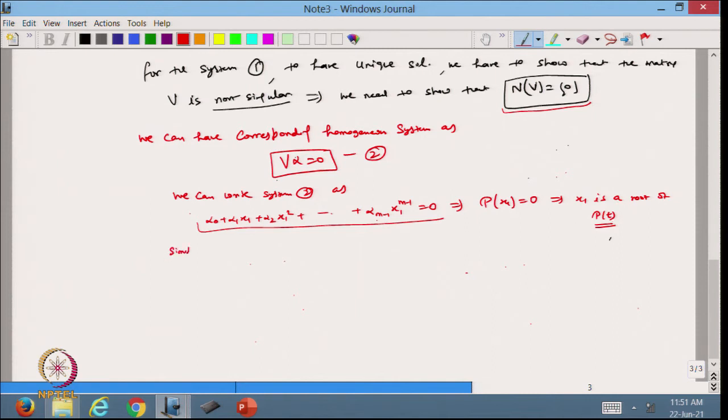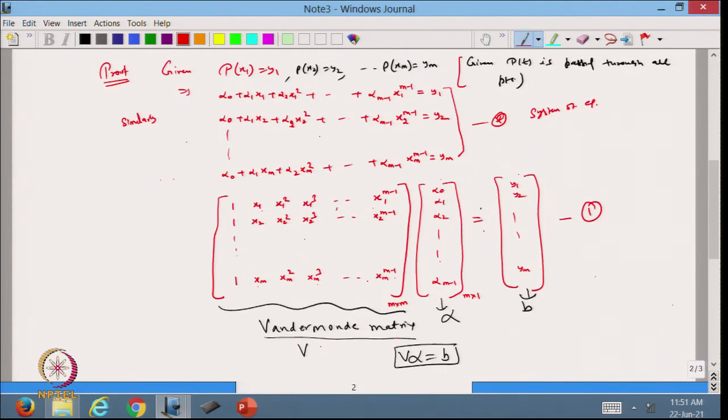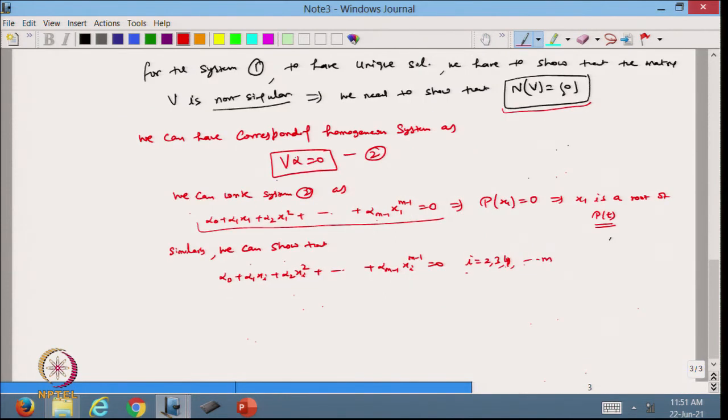Similarly, we can show that alpha 0 plus alpha 1 xi plus alpha 2 xi square up to alpha m minus 1 xi raised to m minus 1 is equal to 0 for i equal to 2, 3, 4, up to m, which implies that x2, x3, up to xm are all roots of the polynomial P(t) that we have defined.